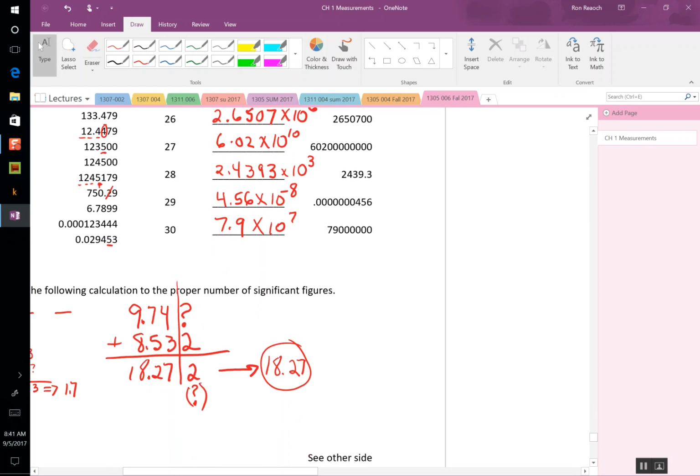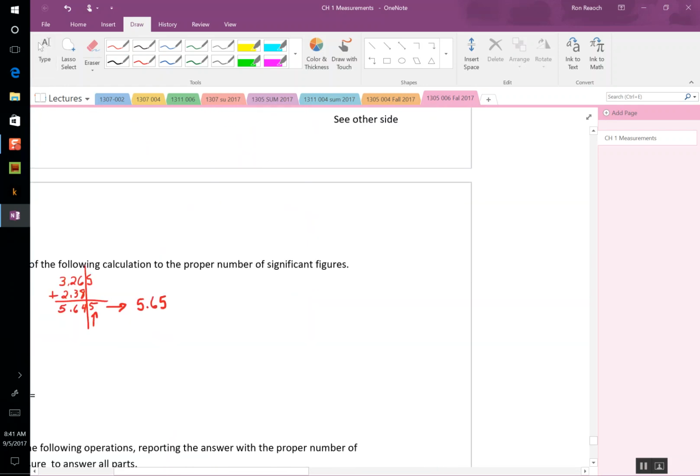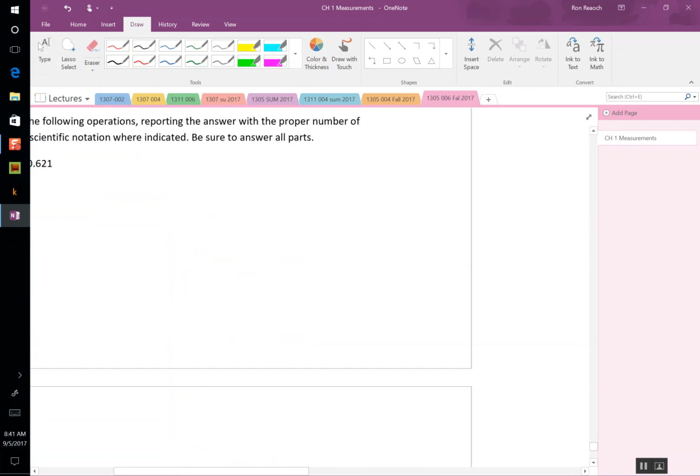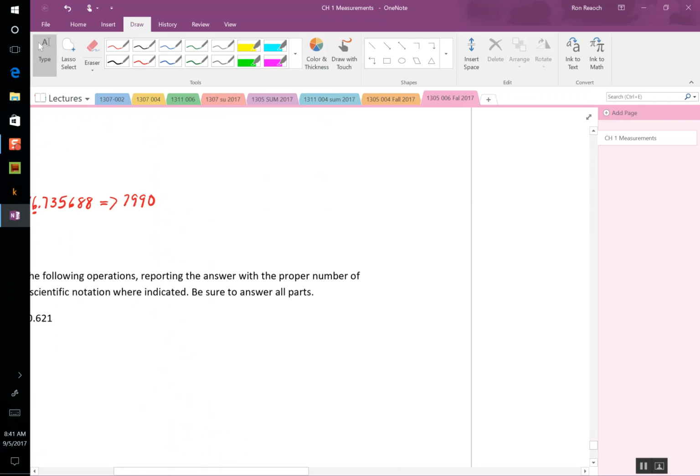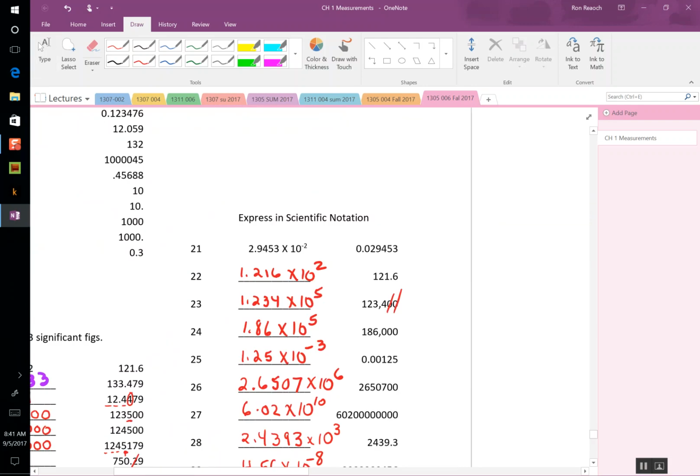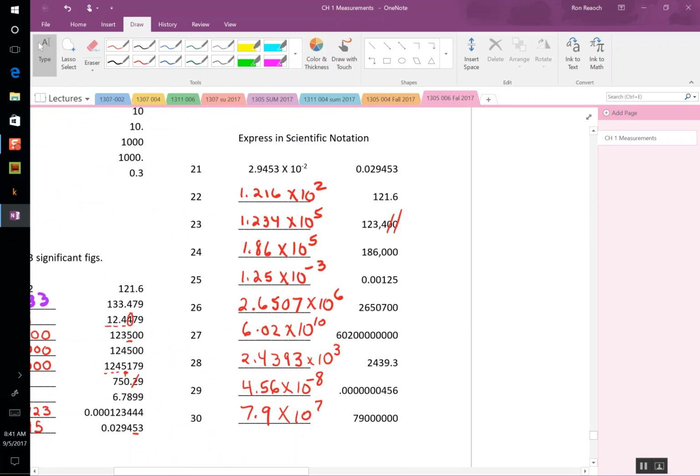Just to point out one other value of scientific notation, you can see it particularly on number 27. That's a big number to write: 602, and then about 8 zeros after it. We don't have to write all that. It's a shorthand way of writing a big number.